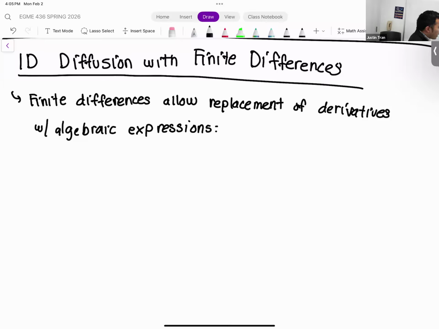We're first going to be applying this idea to diffusion equations, and diffusion equations are basically just second order differential equations.